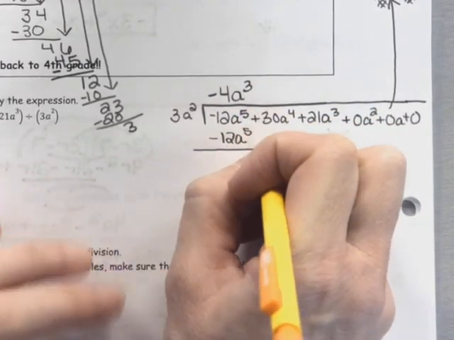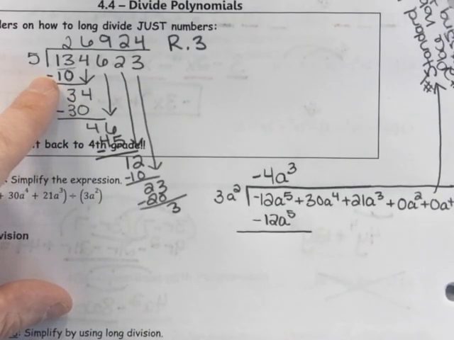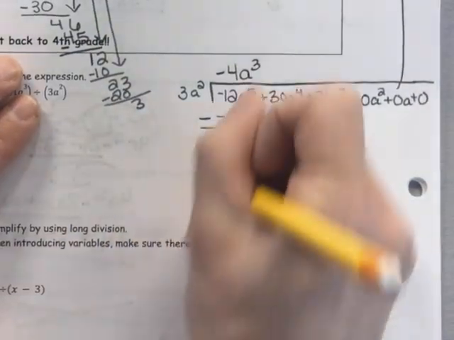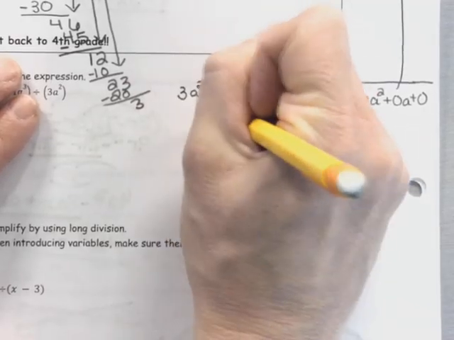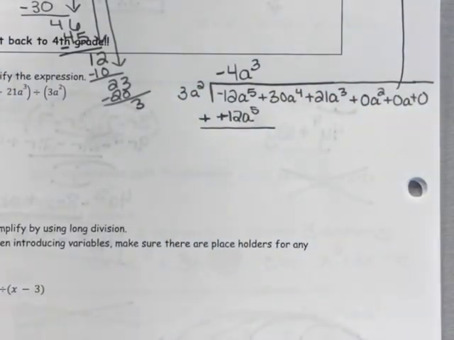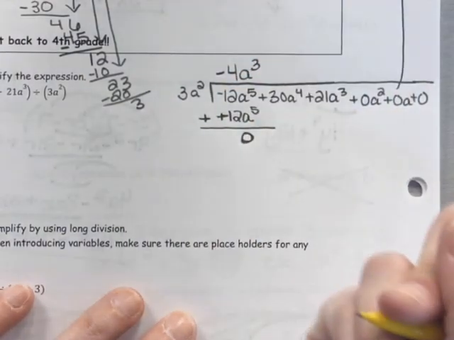And then, once I got that, what did I do? Subtracted. So if I subtract, this becomes minus a negative, so it's really plus a positive. And what happens? It cancels, so I just have 0.